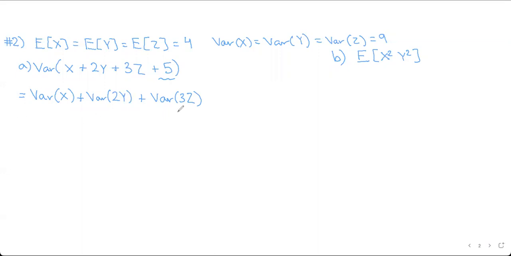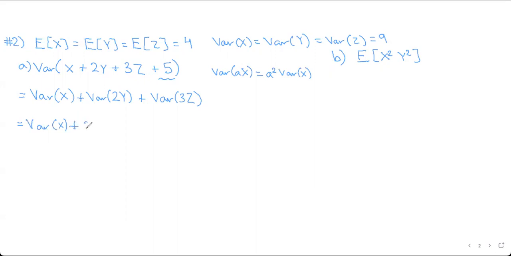Okay, so now we will use a property of variance. If you're taking the variance of some constant times a variable, you simply take out the constant, square it, and then multiply it by the variance of that variable. So we will do that for everything here. The variance of x is still the variance of x.